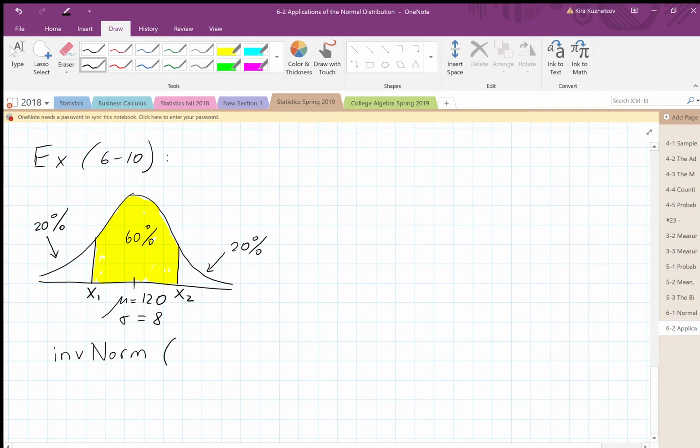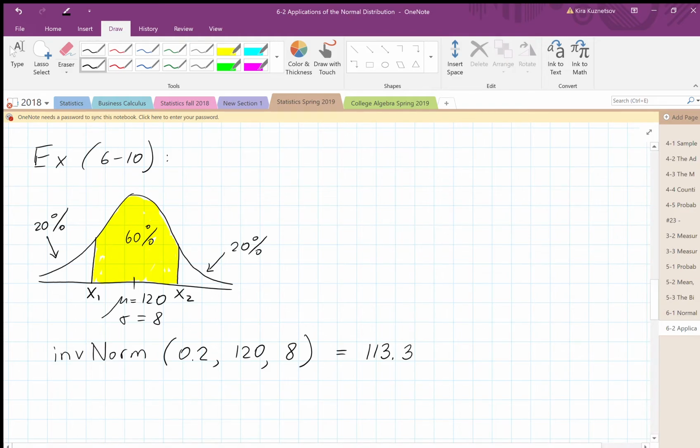So I need bottom 20%, comma, mu, comma, sigma. Distribution, inverse norm, 0.2, 120, 8, paste, and what I'll have is 113.3. So if you want to round to the whole number because it makes more sense, we'll do that in a sentence.